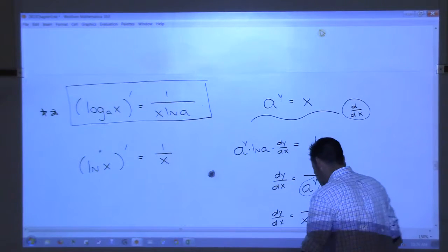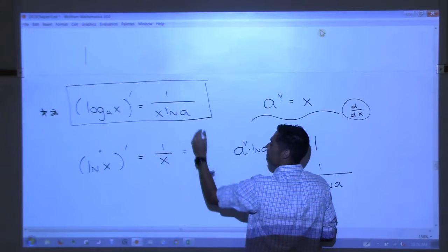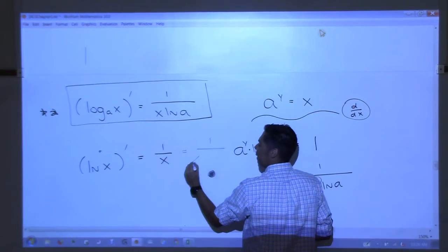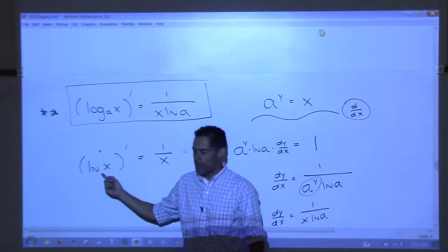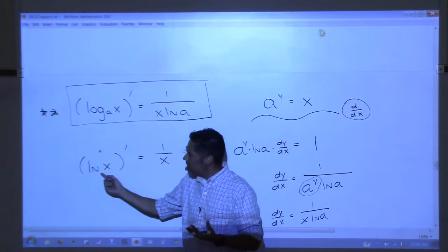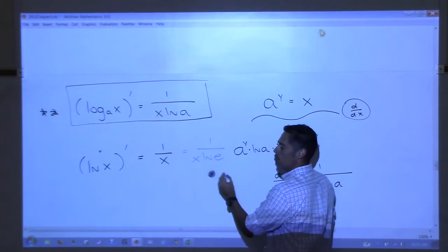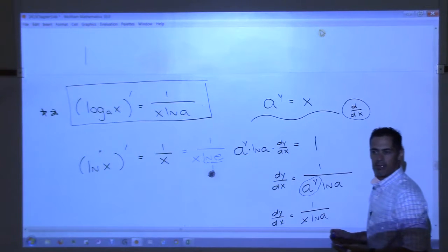Now, why is it 1 over x? I need everyone to see this. According to this formula, it's 1 over x times natural log of a. What's the a here? We kind of lose sight of it, right? So it's an e. So this is natural log e. But what's natural log of e? It's 1. So this is just 1 over x.